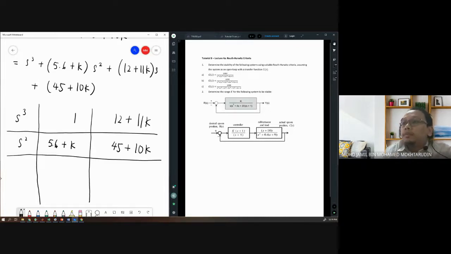And then we find the row s1 using the determinant.